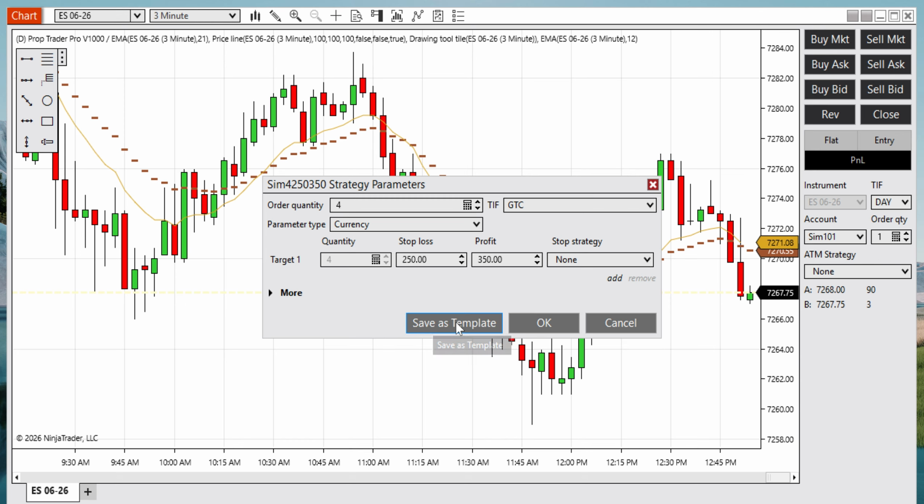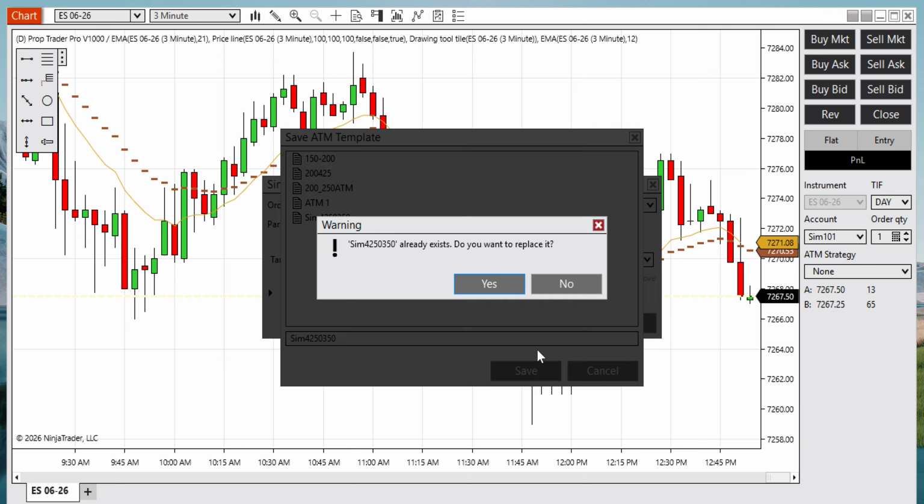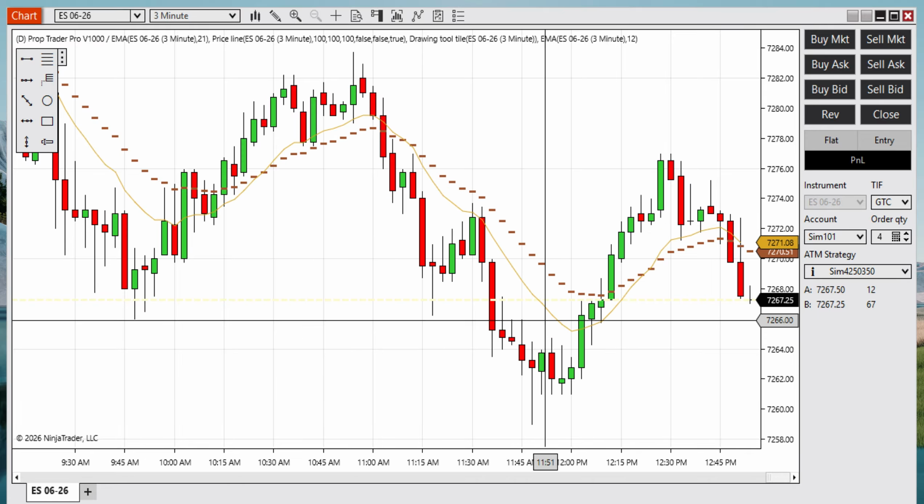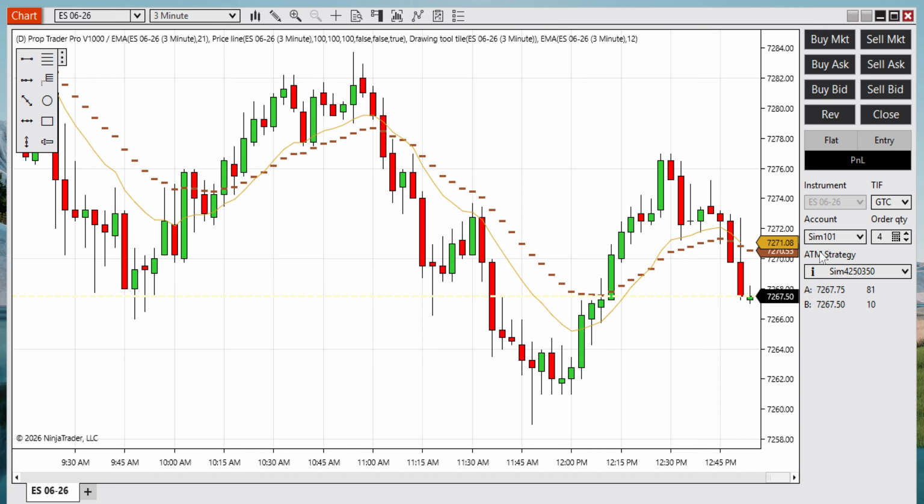Then I click save as a template. Saved it. Now if you see my ATM strategy, it's not none. It used to be none before, that's why we were taking those naked trades.